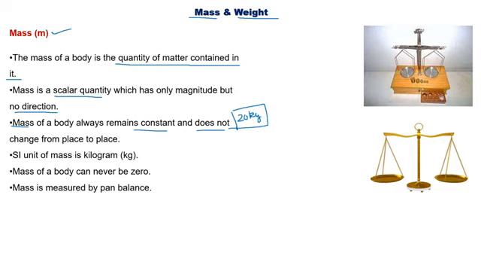Now we know that the SI unit of mass is kg, and the mass of a body can never be zero. Very important thing. It can never be zero because it always remains constant. And mass is measured by a pan balance. Here you can see the pan balance as well as the physical balance. These two things are used to measure the mass of an object.